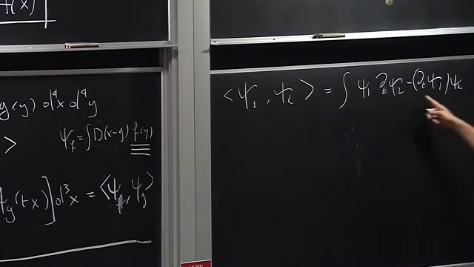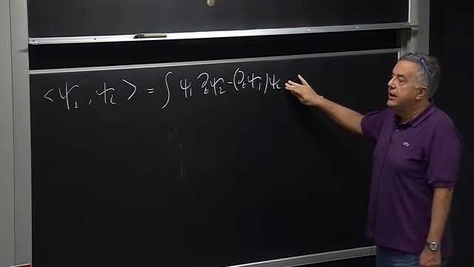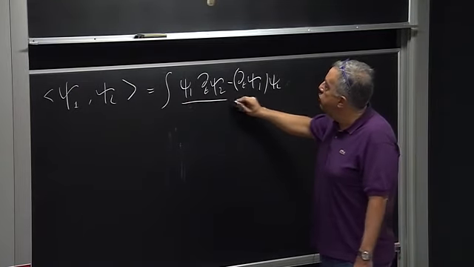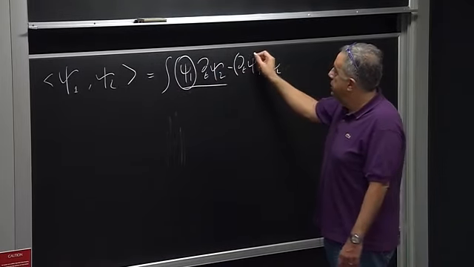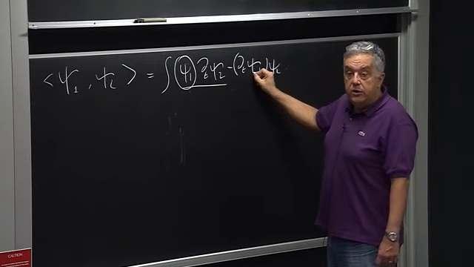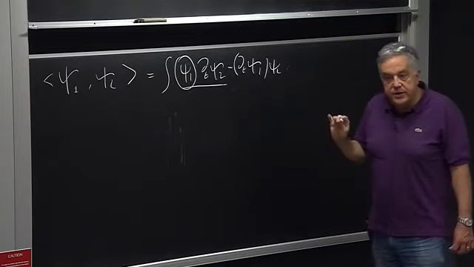Here we can extend this Klein-Gordon product to the space of solutions. Even one solution can be a distribution. Take psi 1 a distributional solution of the Klein-Gordon equation, and psi 2 a sufficiently well-behaved one.